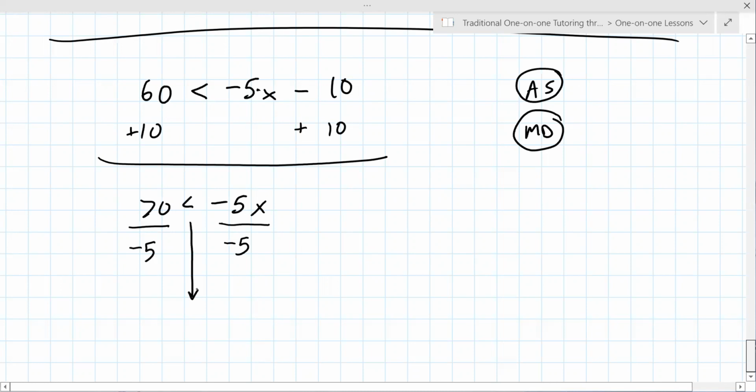Yep, it flips. Any idea what 70 divided by -5 is? -14. -14, good.